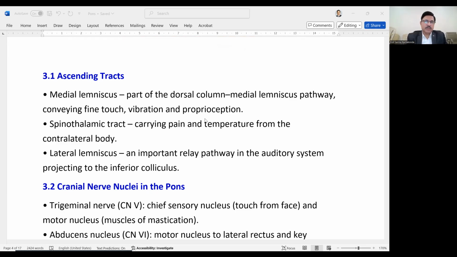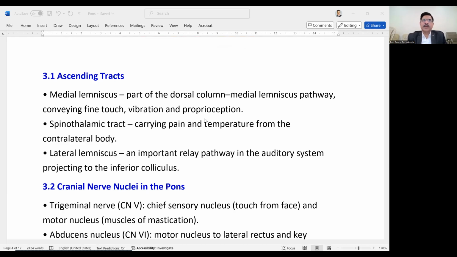So the trigeminal lemniscus is replaced by the trigeminal nuclei. And the lateral lemniscus is part of the relay pathway of the auditory system, which projects into the inferior colliculus of the midbrain. These are the ascending tracts.